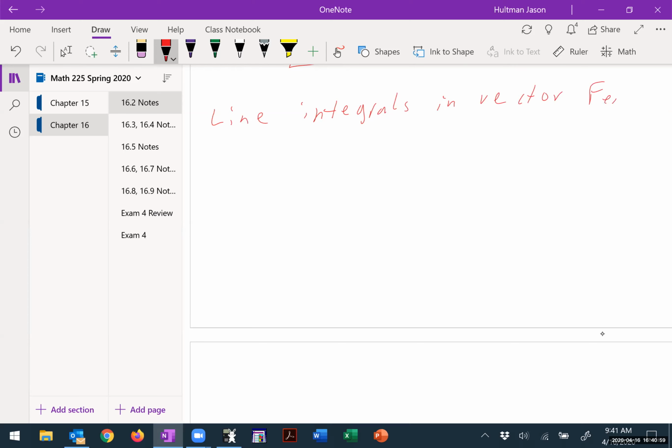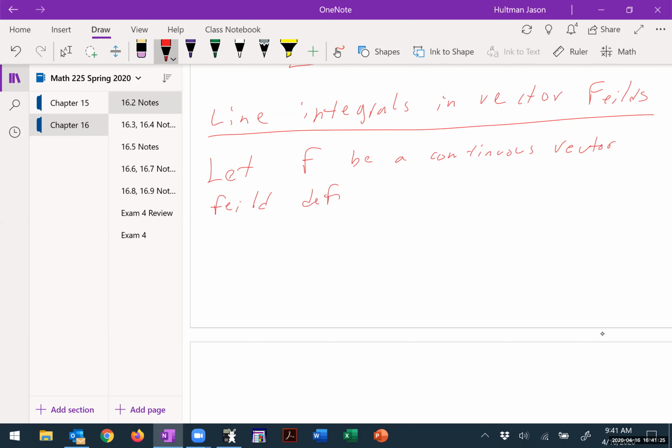Let F be a continuous vector field defined by a smooth curve C given by a vector function R of t, where a is less than or equal to t is less than or equal to b.